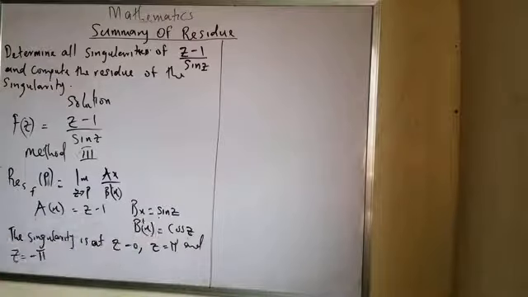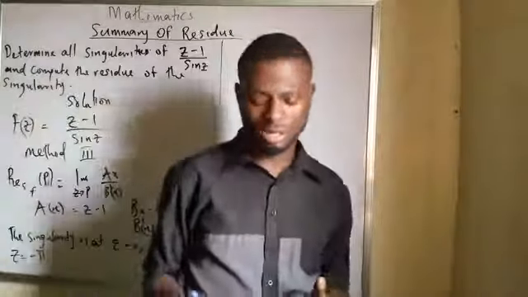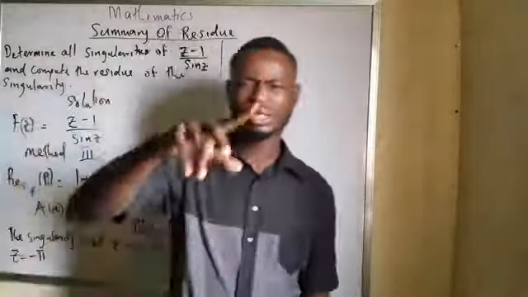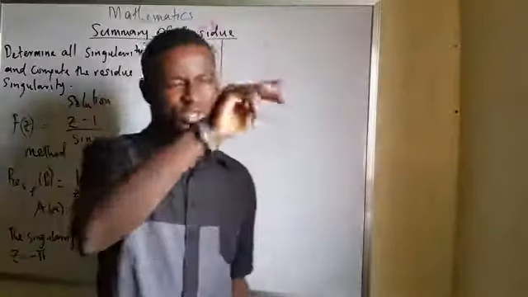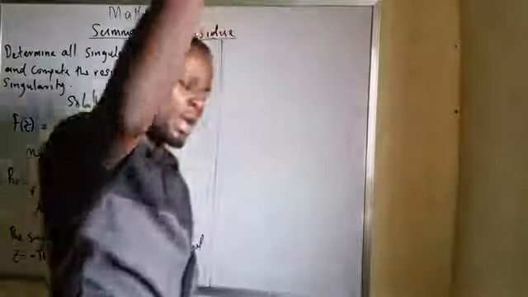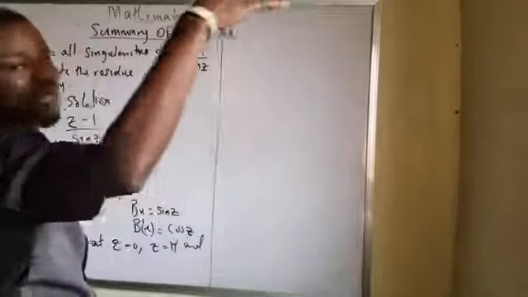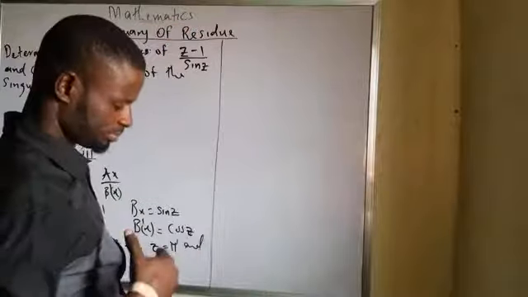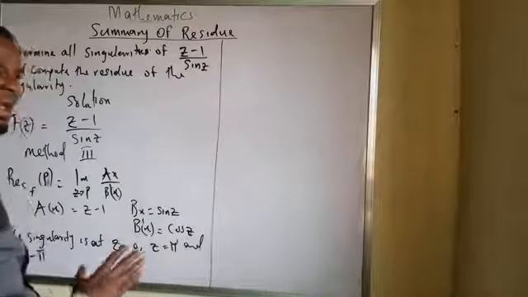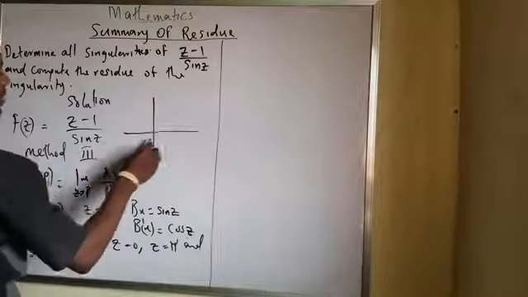Now, let's test this, because this is a trig function, and when we're talking about trig functions, you know about their curve. We have done that earlier. It exists at 0, minus pi and also pi. Pi is always 180 in terms of degree, and minus pi is minus 180.